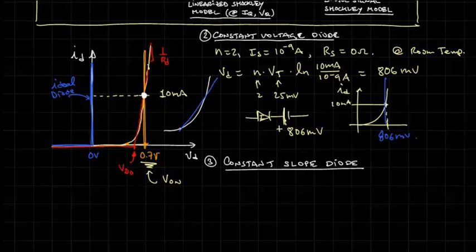So for instance, if you needed to fit over a range of current somewhere between here and say here, and your nominal operating point was right here, you may not want your model to exactly fit the curve at that point because you're trying to minimize error over that whole area.